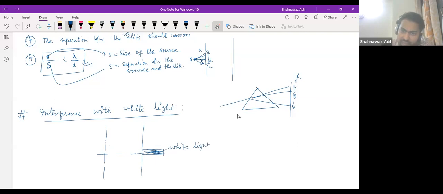And then you know how these bright fringes vary: yn is n lambda D by d. So this is dependent upon lambda. So the first pattern you will get will have a small wavelength, right? So the first fringe that you will get would be of what? Violet or red?